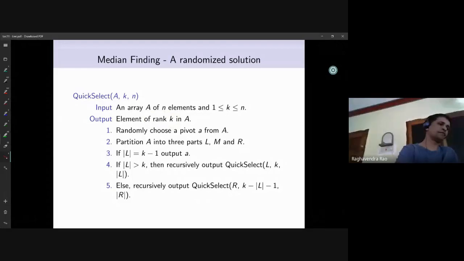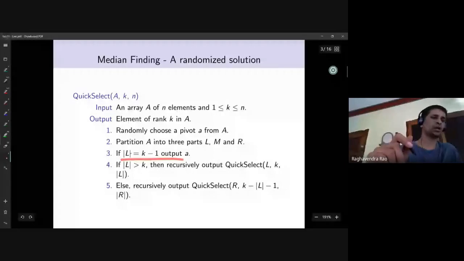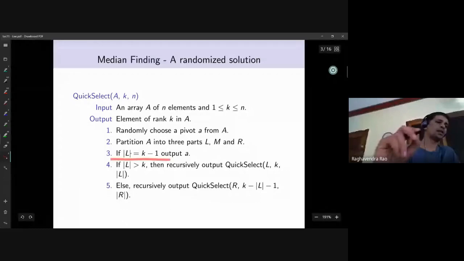If the rank of the pivot is exactly k, then it has to be the output. That is decided by the size of L. So size of L plus 1 is the rank of the pivot.